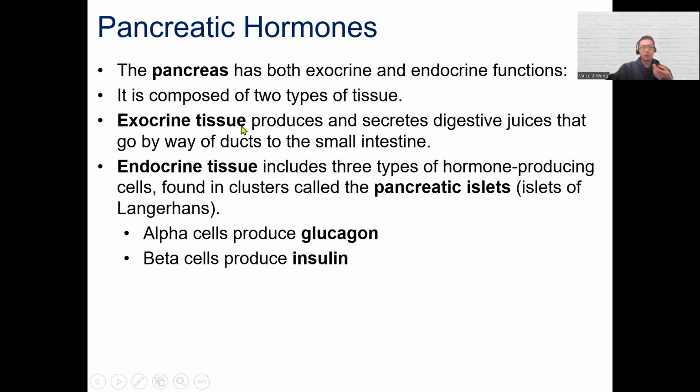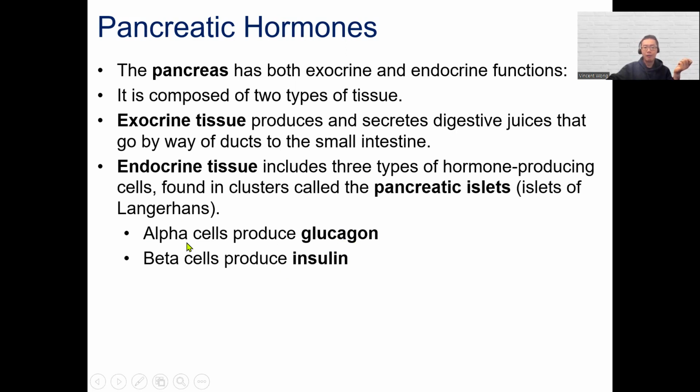The exocrine function is the one related to digestion, and the endocrine is related to the cluster of cells called the pancreatic islets, or the islets of Langerhans, and these clusters are responsible for producing hormones. There are actually 3 types, but we're going to only learn 2. These are antagonistic to each other.